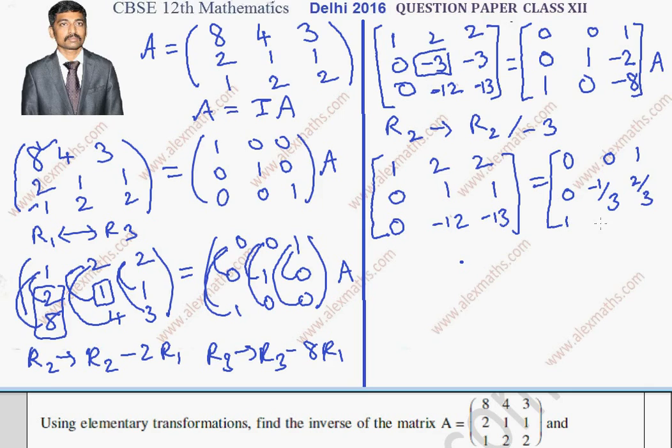This is as it is, 1 0 minus 8. The whole thing into A. Okay. Now using this one, I have to make two zeros above and below.